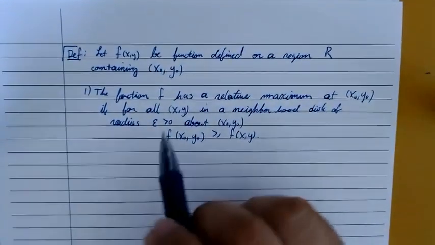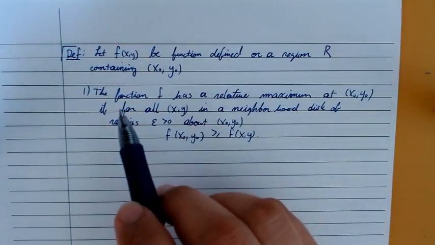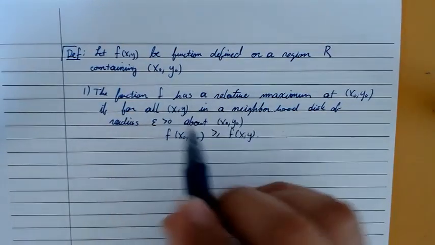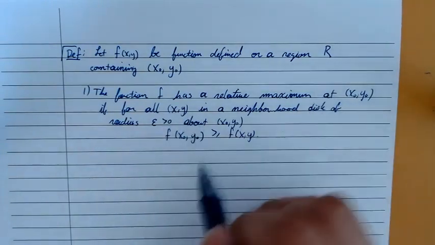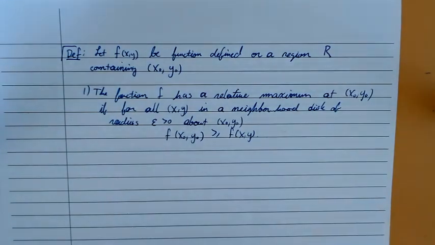This may seem a little convoluted, but basically it's saying you have a relative maximum at that point if for all the points that are nearby, that point is still higher.